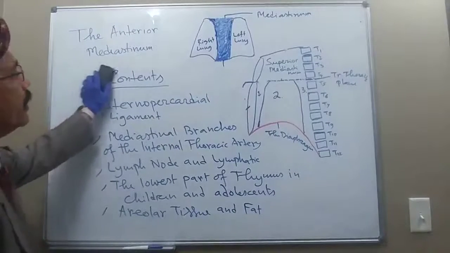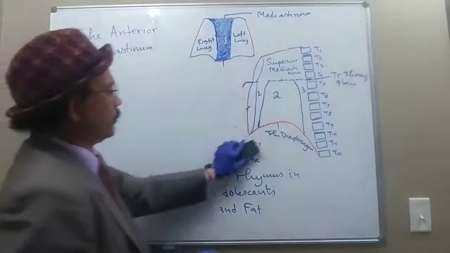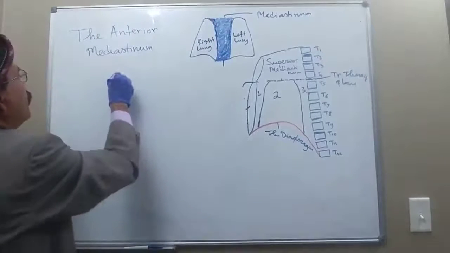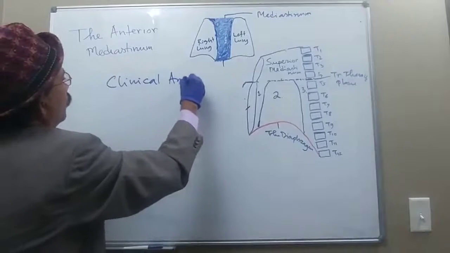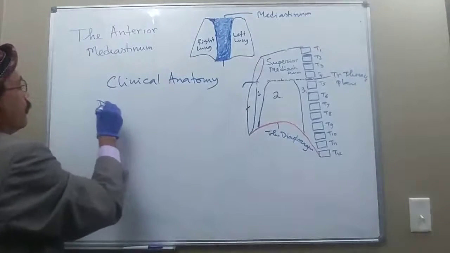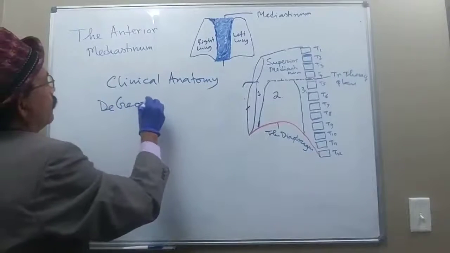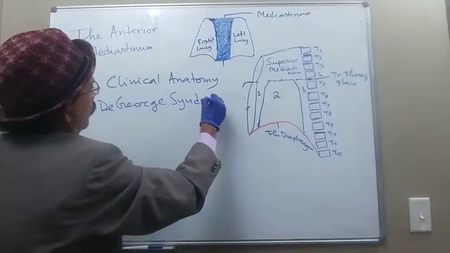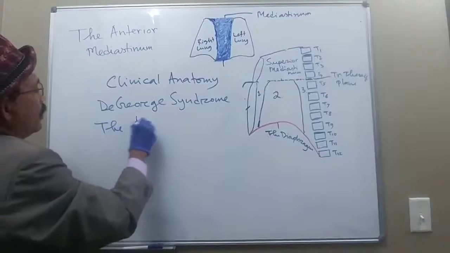Now we'll learn some clinical anatomy. We will give emphasis to DiGeorge syndrome. In that syndrome, the thymus may not develop.